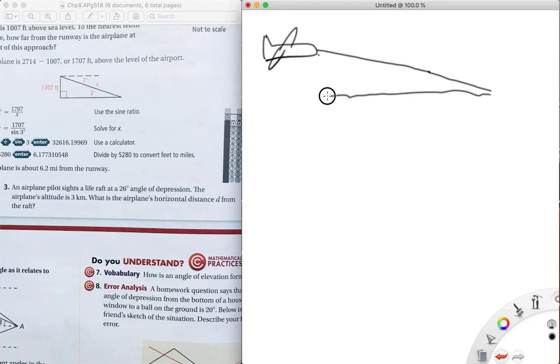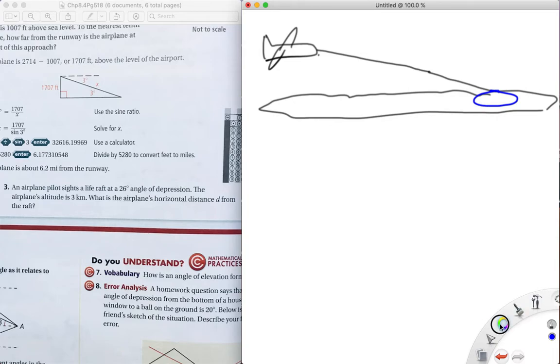River. And there's a life raft. Alright. The airplane's altitude is 3 kilometers. So it's 3 kilometers off the ground. It says the angle of depression is 26 degrees.